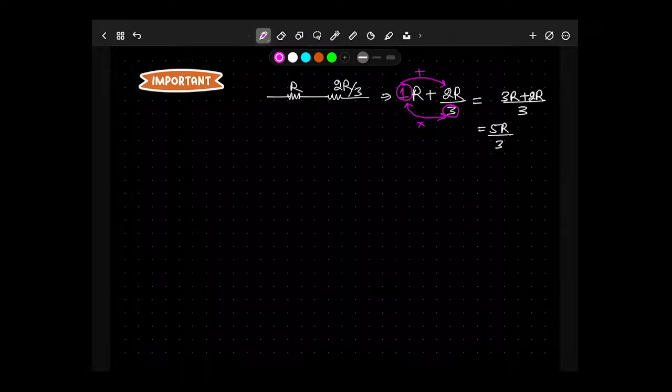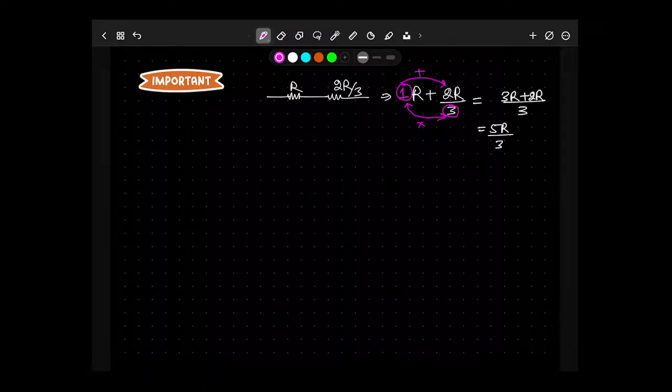Same thing we are doing here also, but it makes the problem very easy and the calculation becomes very fast. So 3 into 1 is 3 plus 2 is 5, 5R by 3. The denominator stays in the denominator, and for the numerator you multiply and then add.